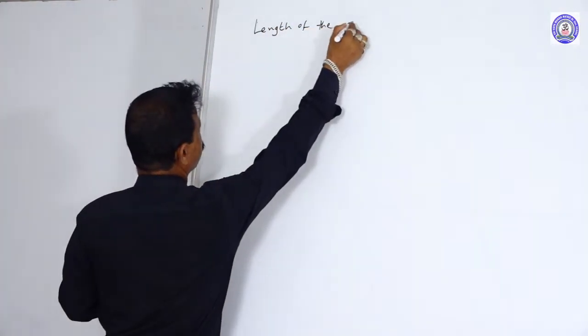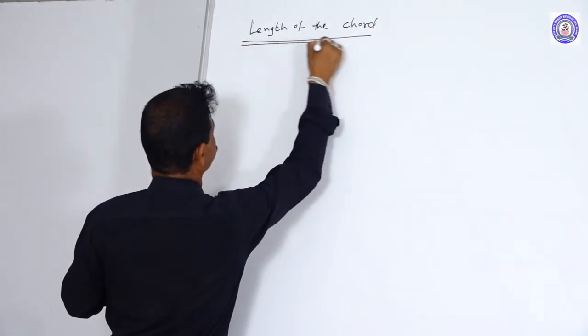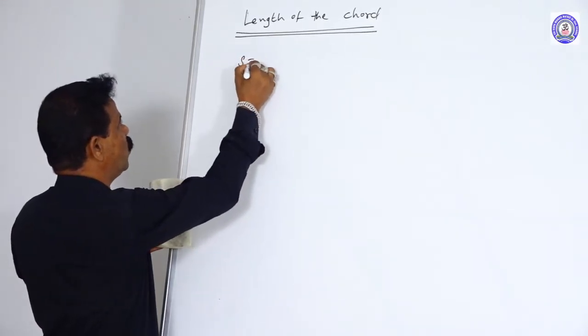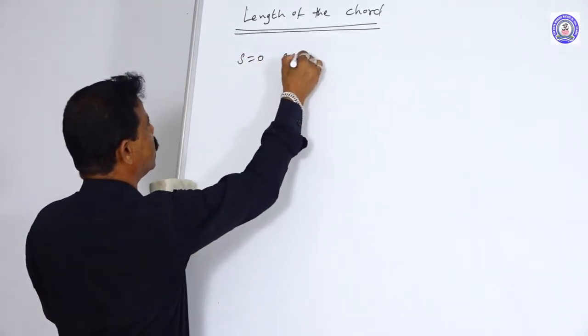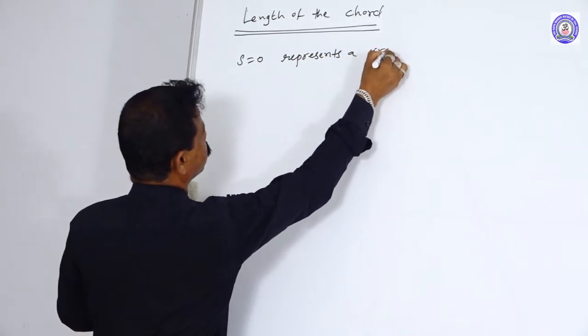Length of the chord. S is equal to 0 represents a circle.